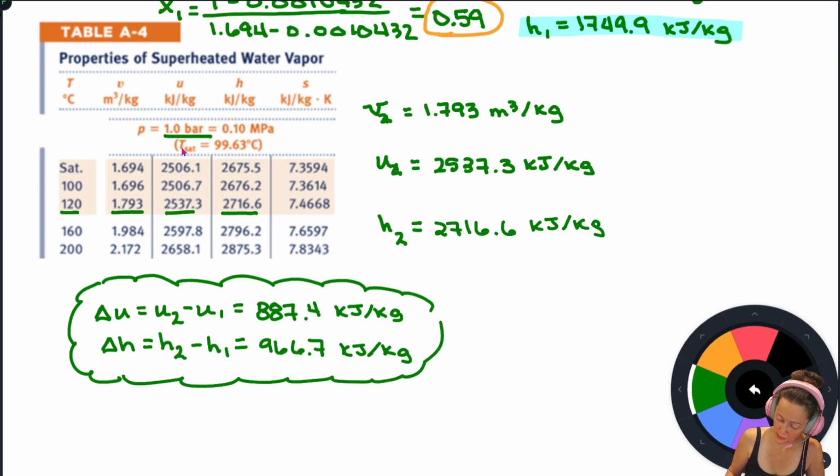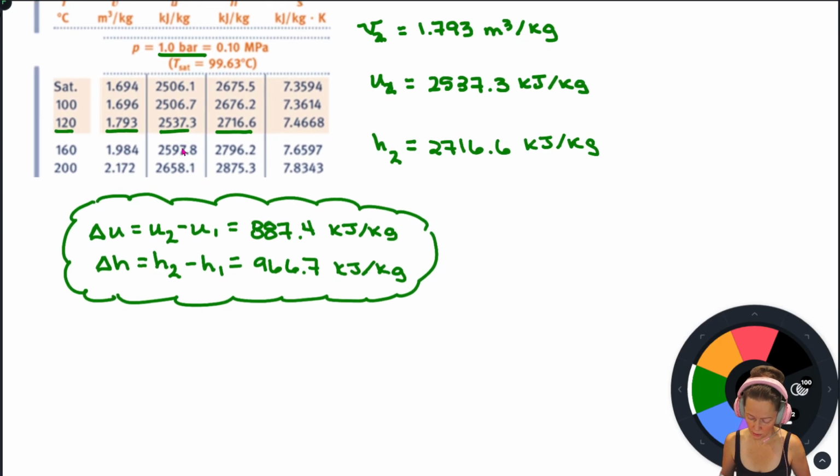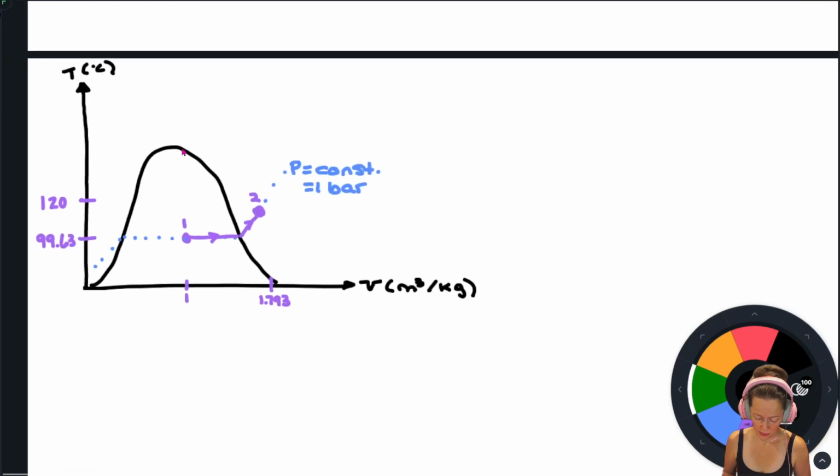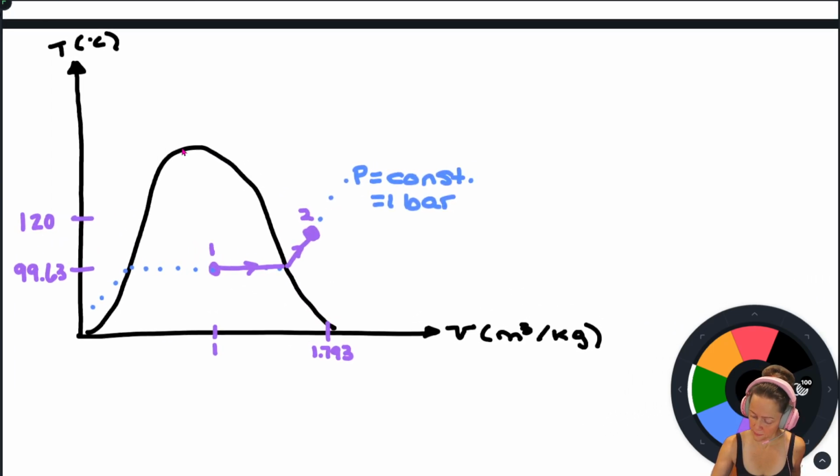And then the very last thing that I need is to draw things on my TV diagram. And I've actually already done so, so it's nice and neat down here. So let's walk through what we see here. So we have our vapor dome. Remember, state 1 was 2-phase, so it's underneath the dome. State 2 is superheated, so it's to the right-hand side of the dome.